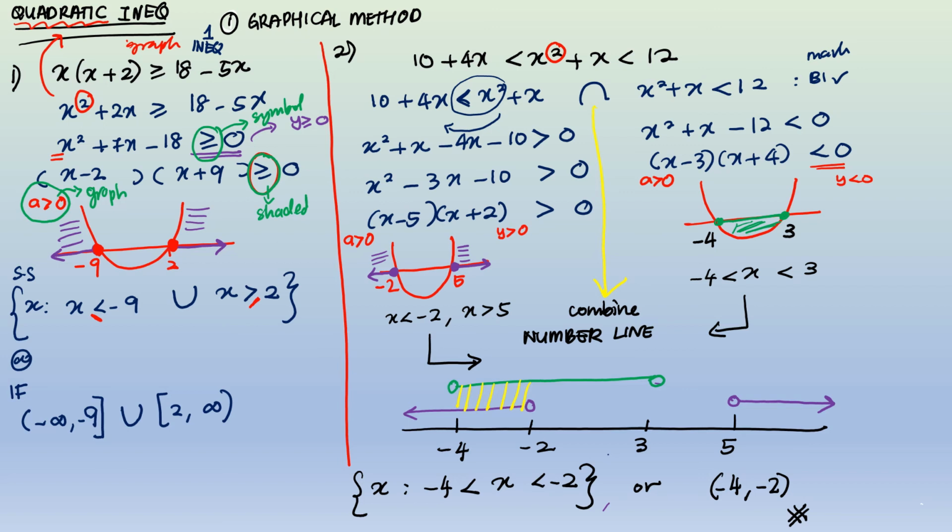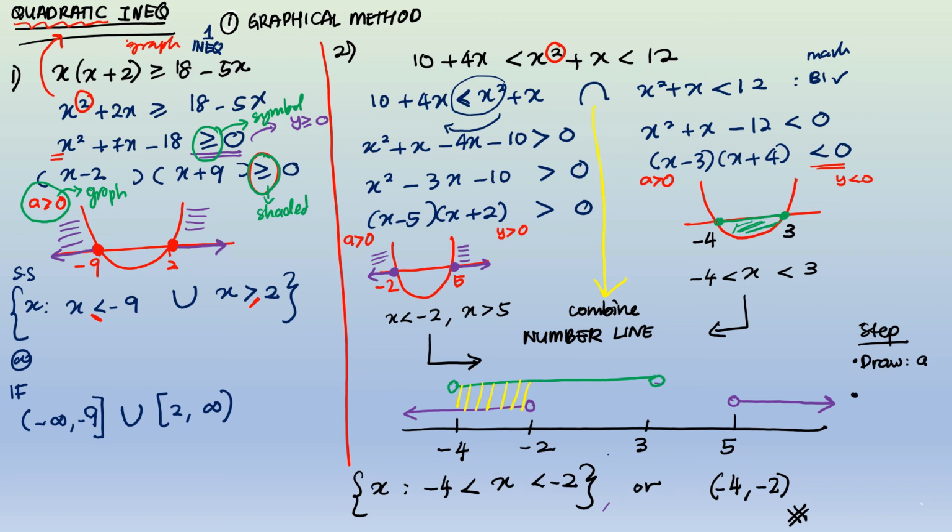Okay, so for you to draw the graph, you have to look at the x value, and for you to shade it, you have to look at the y. The first one is for you to draw; it depends on your a.